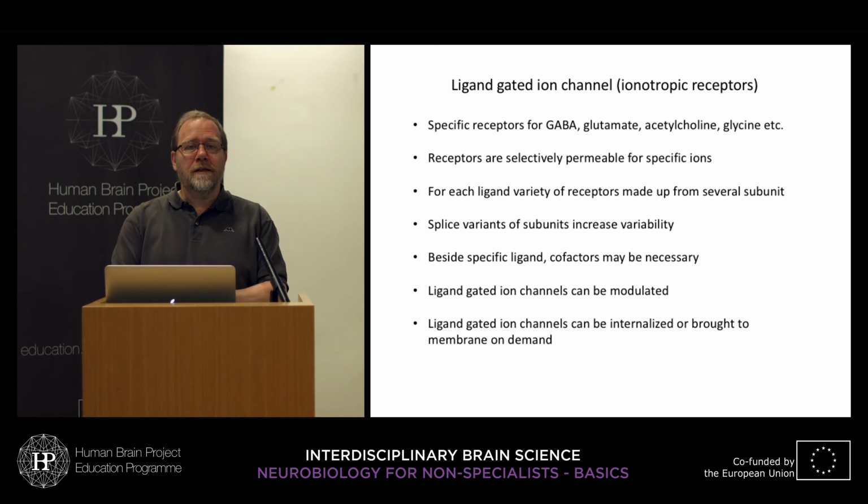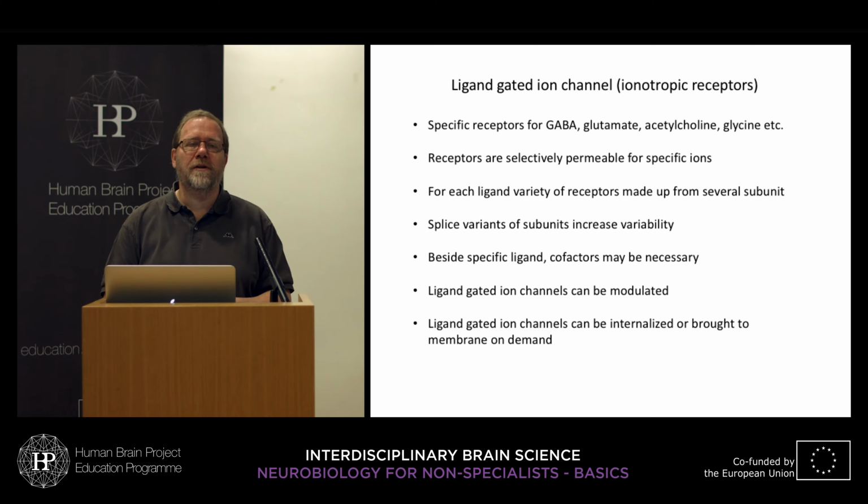Moreover, it's not only the ligand which is important for the signaling, sometimes we also need cofactors. Some of the receptors are not active if they are just alone with the ligand. They need some cofactor to activate. And some of these ion channels also depend on a depolarization to open the gate.